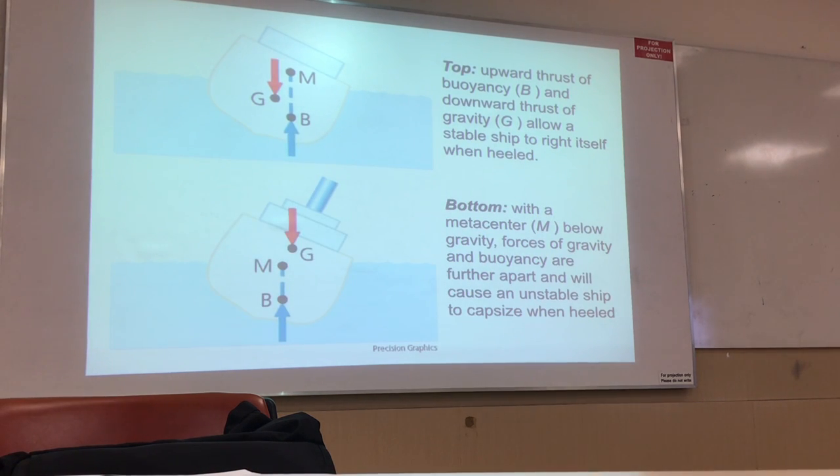So the concept is this one. Generally, I showed you before, this is C, this is G, this is M, right? When it is tilting in this direction, you can see this indicates the center of gravity, right? But this whole position changes this way.